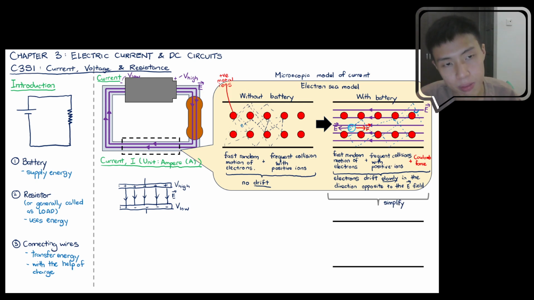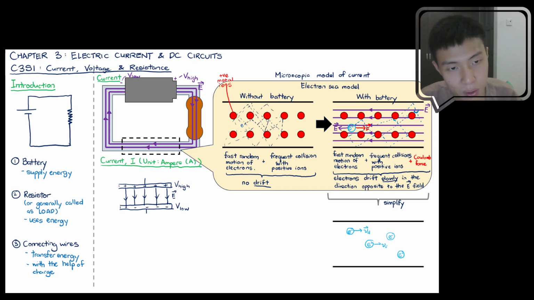We are going to simplify the situation as if right now there are electrons just slowly drifting. We don't want to talk about the positive ions anymore. We are just focusing on the electrons moving. The motion will be to the right with the velocity called the drift velocity.